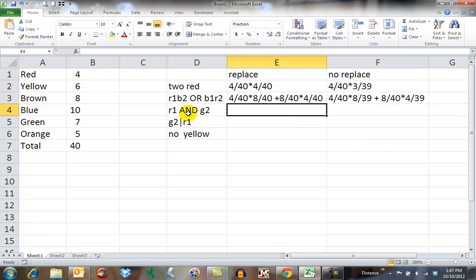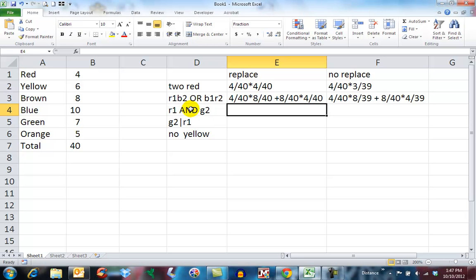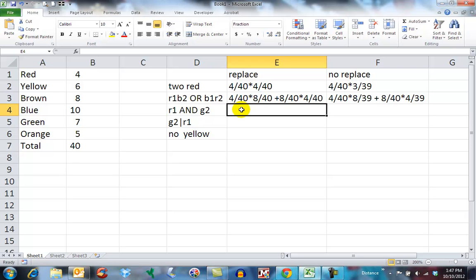Now, red 1 and green 2. Well, we were told that if the probabilities are independent and we have two things, we can multiply them, just like we've been doing with these two things. So the probability of red 1 is 4 out of 40 times green 2, which is 7 out of 40.